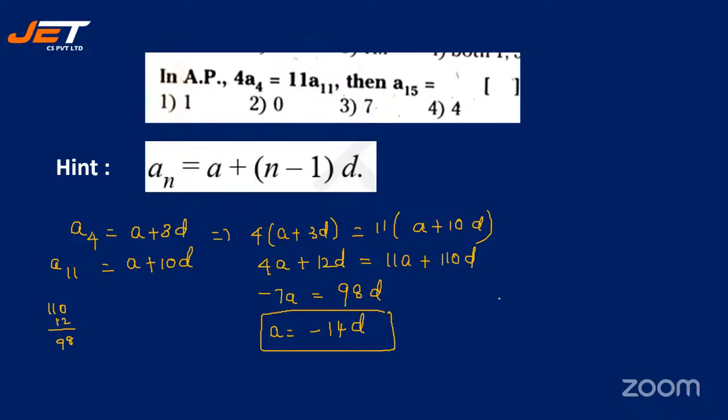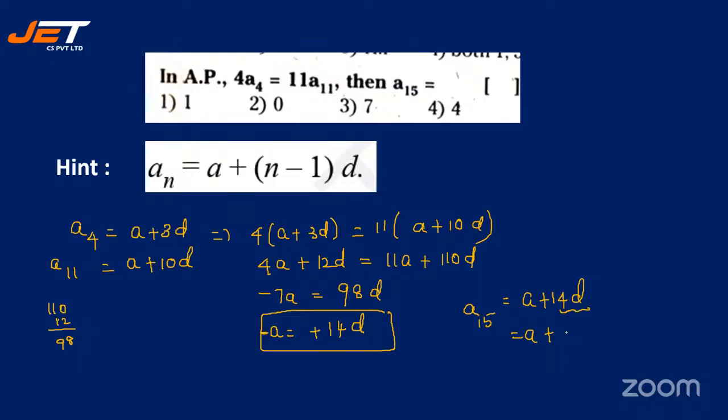Alright. Now they want A15. So what is A15? It is nothing but A plus n minus 1 into D. Right? So we have A plus 14D. In other words, minus A is plus 14D.